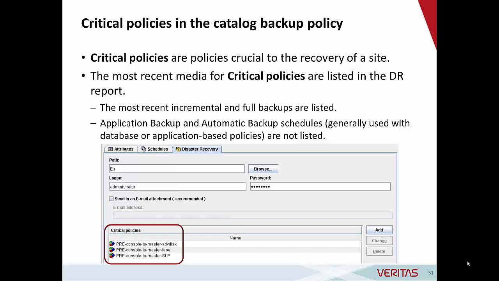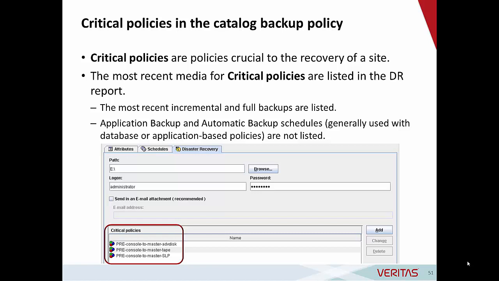Catalog backup policies also allow you to specify some policies as being critical. This is optional. You don't have to do this if you don't want to, but it can shave a little bit of time off your recovery, particularly in tape-based recovery operations. What I'm doing here is I'm specifying a list of backup policies, and the media that is required to restore the most recent full backup of the clients that are members of these policies will be included in that DR report, in that email that gets generated.